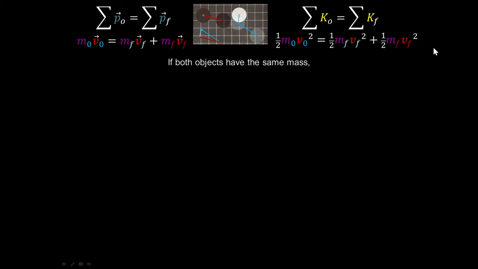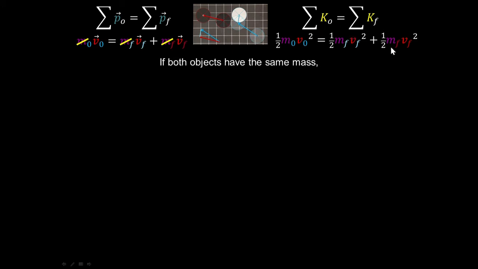We don't consider direction. This is a special case where both of these pucks have the same mass. So if the mass of the one puck and the mass of the other puck are the same, it's the same mass all the way through and it cancels. And for the kinetic energy, we have a 1/2 in every term.